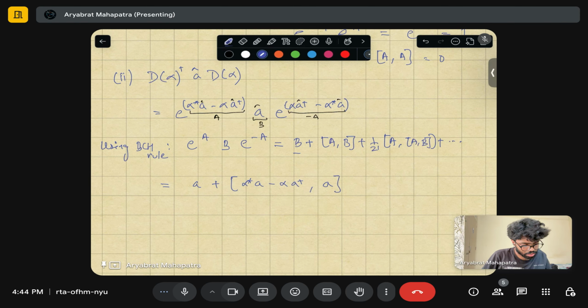Then plus one over two factorial, you again have alpha star A minus alpha A dagger.